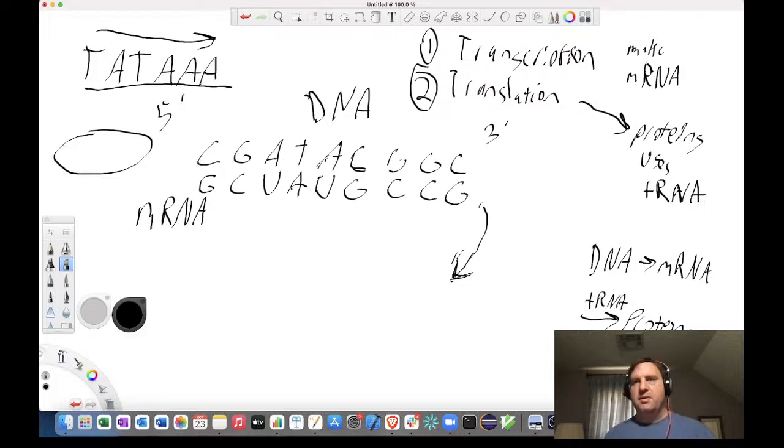It gets a cap and a tail to stabilize it. The cap, I believe, is a guanine, and the tail is a poly A tail. So that stabilizes it in the cytoplasm and prevents it from being broken down. This can then be spliced.